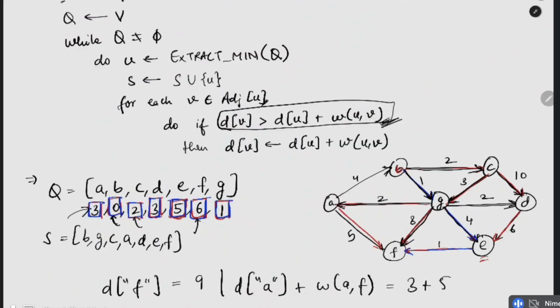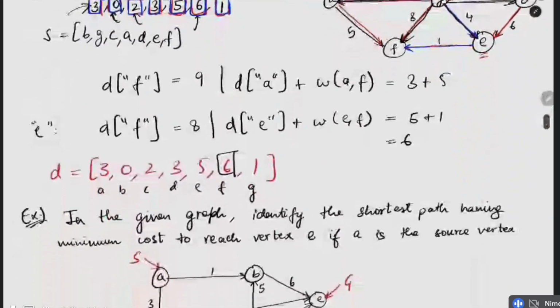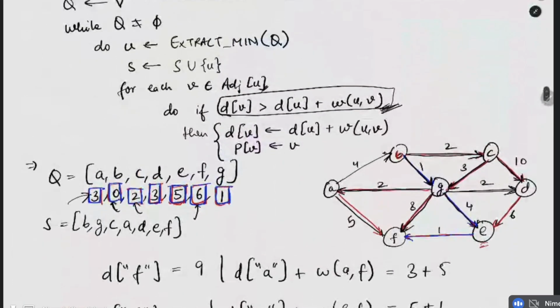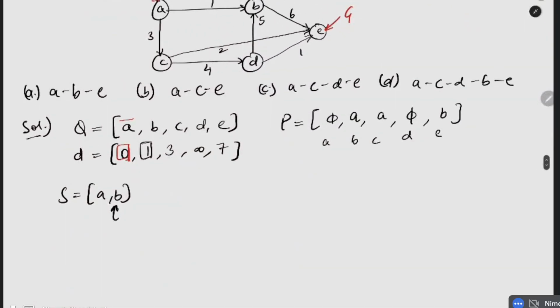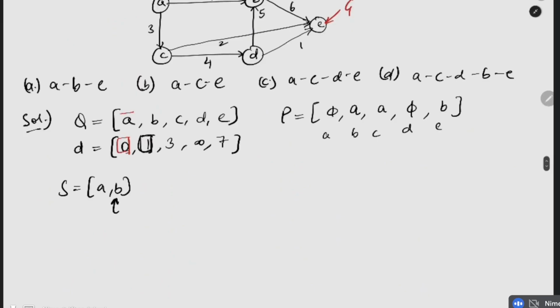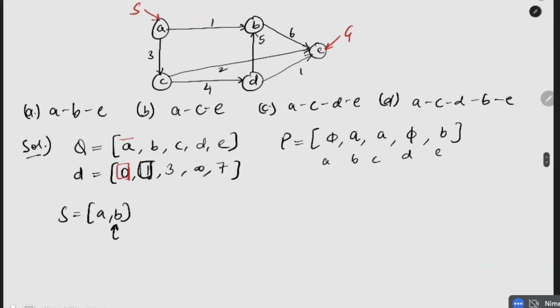So we can augment this: if this is true, then do this and update the parent as U. Now we can just do this small modification in Dijkstra and we have the shortest path algorithm. So we have updated B. Now we check again for the minimum value, that is C right now.